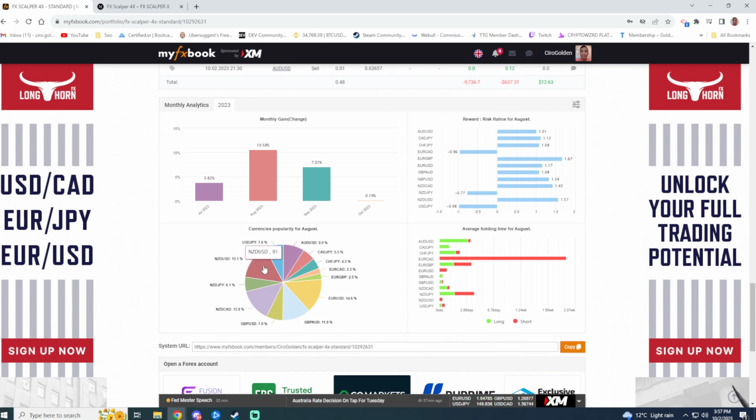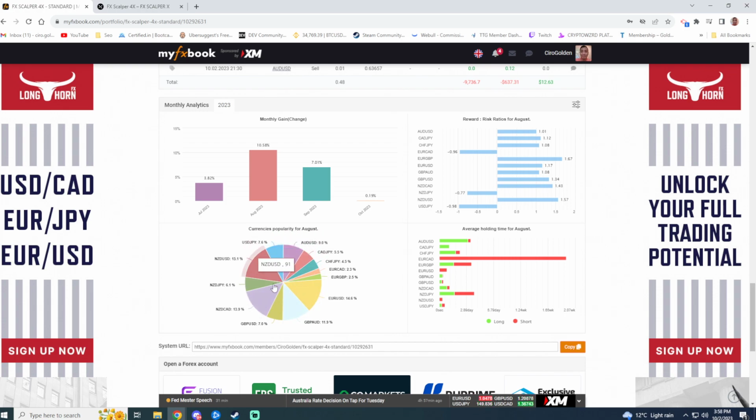So 91 positions were made in the period of August for this pair, and it looks like the least used pair that we had was Euro CAD with a whopping 2.3%, and only 14 positions that happened. It's good seeing this kind of pie chart because we can see how well the pairs have been doing, and it's good to see this kind of analytic to know how well the robot's doing.